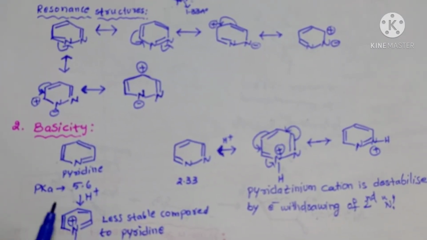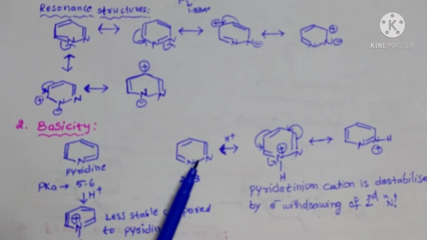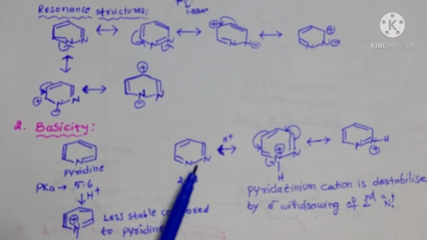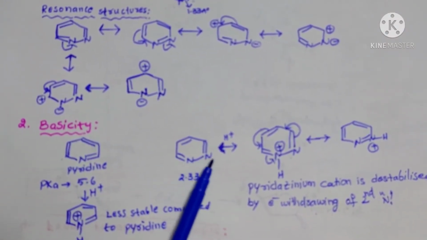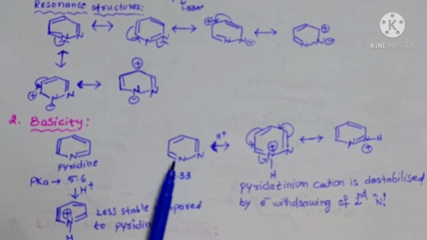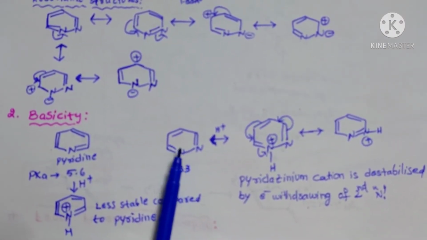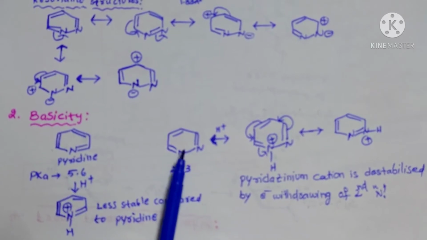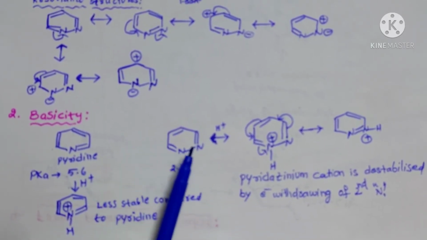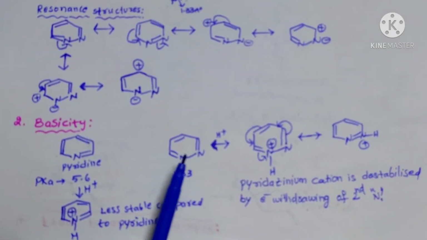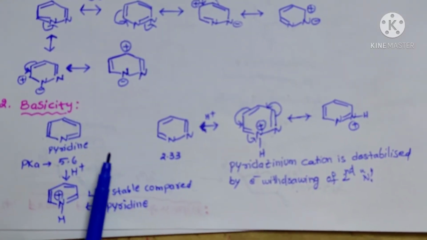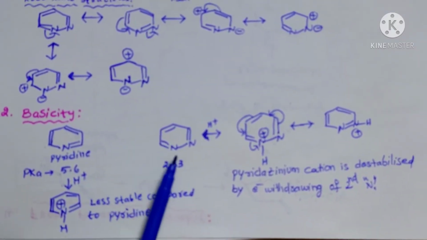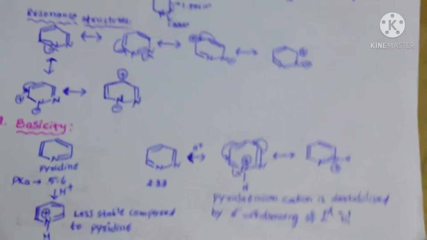In pyridazine, 2 nitrogen atoms are present. So presence of one nitrogen atom reduces the basic nature of the other, that means the second nitrogen atom. As a result, pyridazine becomes less basic than the pyridine.